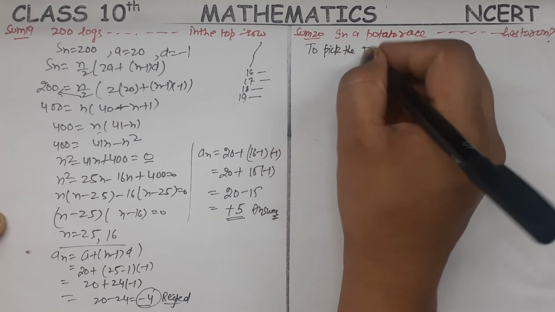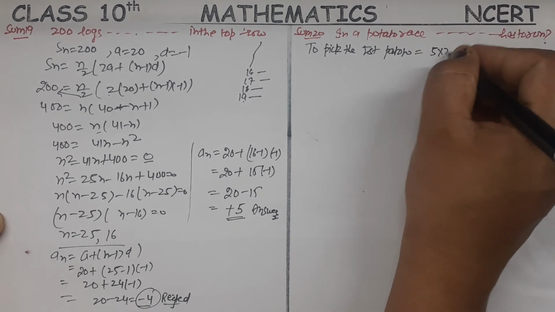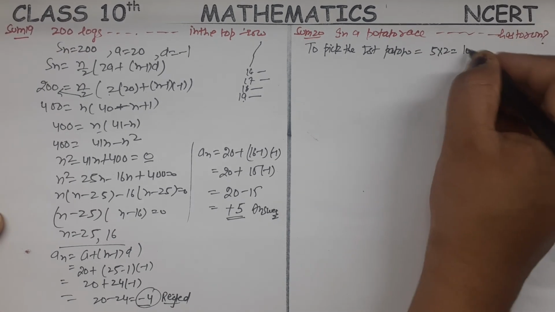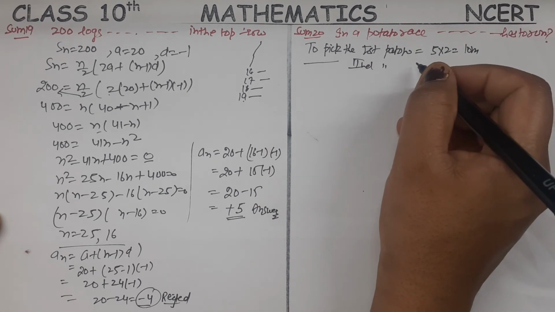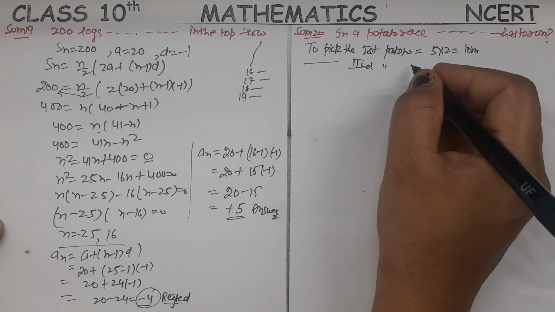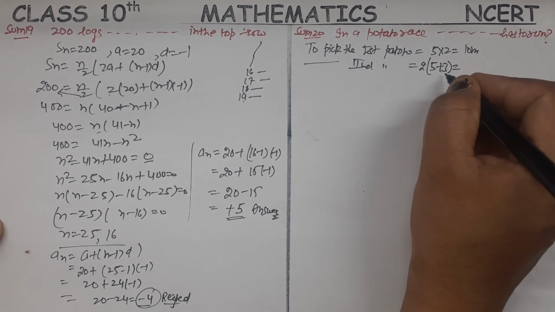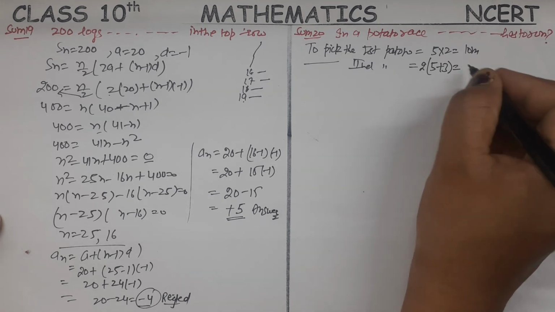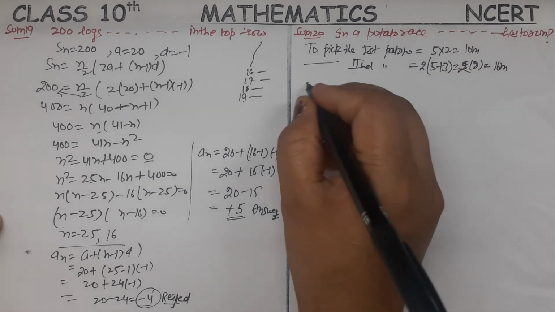To pick the first potato, that is 5 multiplied by 2, 10 meters. To pick the second potato, distance is 2 into (5 plus 3), because the second potato is at a distance of 3 meters from the first potato, we have 16 meters.